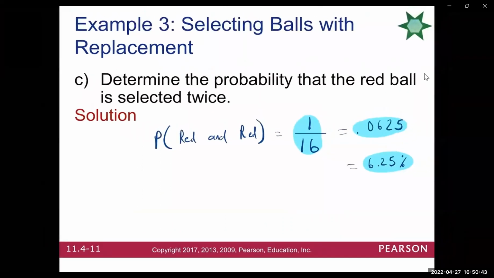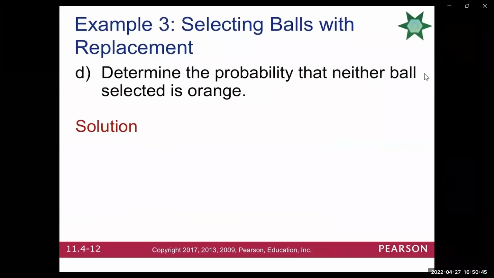All right, let's look at the next question. Determine the probability that neither ball selected is orange. So the probability that the first one is not orange and the second one is also not orange. We already know the denominator is 16. So now let's see if you can figure out the number where neither ball is orange.